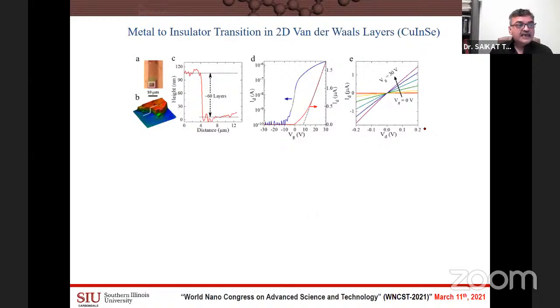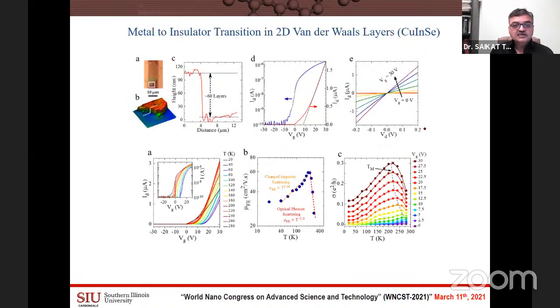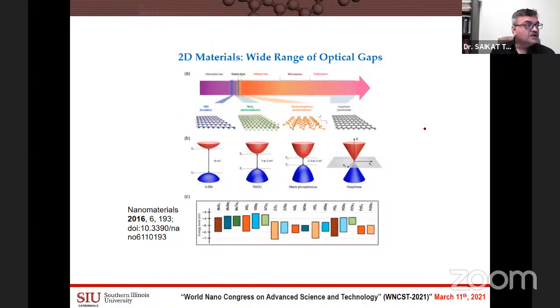Now, again, an interesting phenomenon: we have seen a metal insulator transition in a 2D van der Waals layer of copper indium selenide. We have a basic idea of why it is happening. But more importantly, 2D materials are interesting because different materials come with different band gaps, optical band gaps and electronic band gaps.